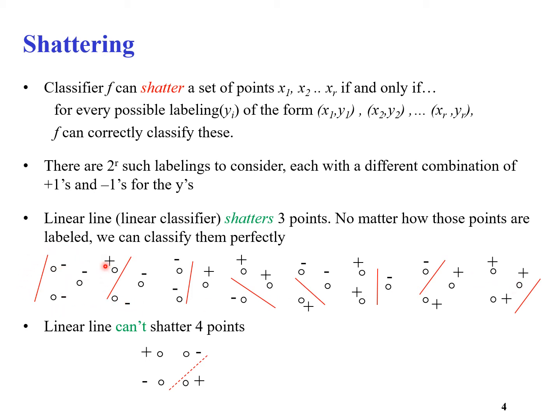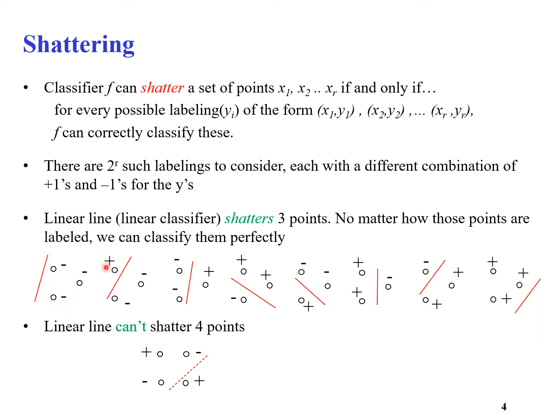And here, plus, minus, minus, minus, minus, plus, all the way to here, where everything is plus. Because there are 3 points, 2 to the 3, it means 8 different combinations of class values. And for the classifier, we assumed it is a linear classifier, so that means a line.